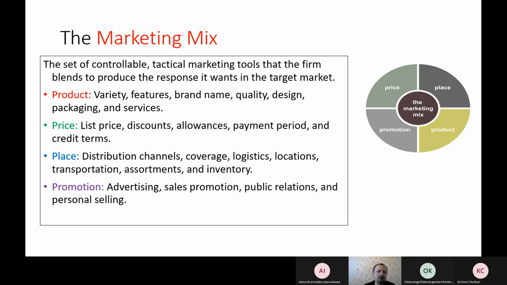And promotion, last but not least. Promotion means all activities connected with informing your customers about the possibility of buying your products or services, and persuading them to buy generally.